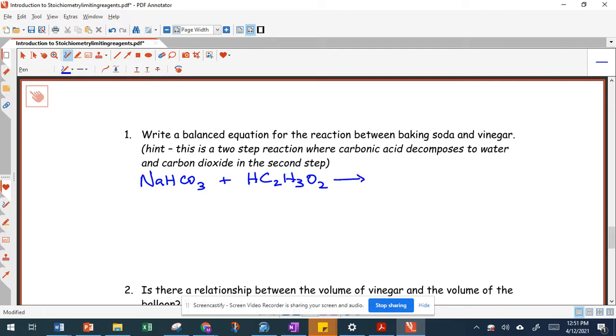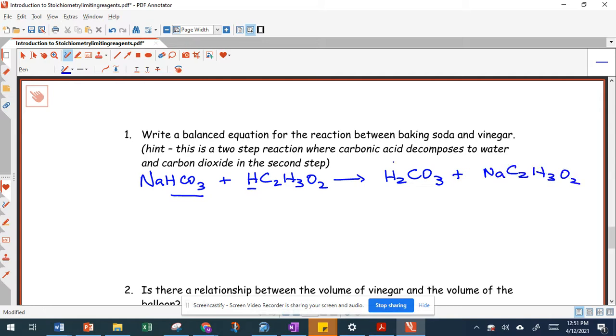So the first step of this is going to form something called carbonic acid. That is H2CO3. So that forms between this hydrogen and this hydrogen carbonate. The other product will be sodium acetate.